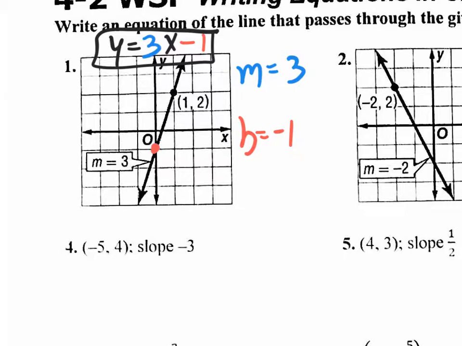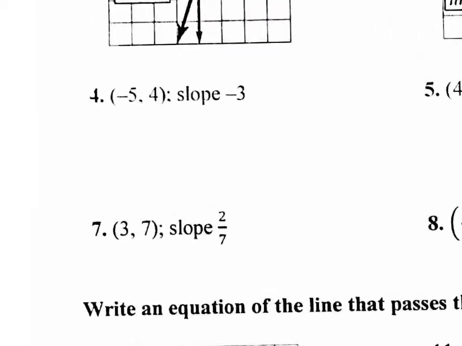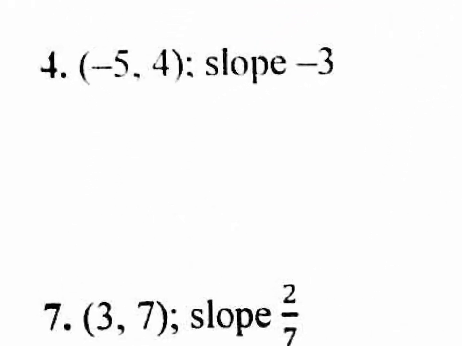Now, last week, when you actually did number 4, they gave you a point and a slope, and you did not know point slope form back then, right? So you were forced to use your x value, your y value, and your m value and plug it all into y equals mx plus b to find the b value so you could write your equation in y equals mx plus b form.